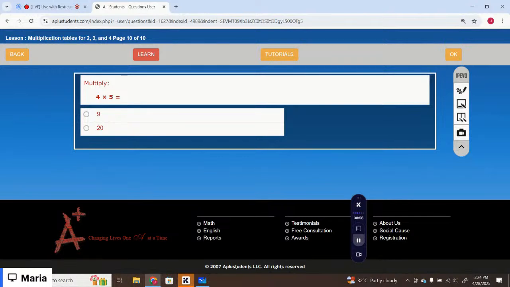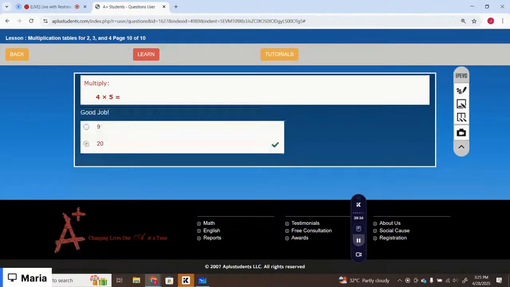Four times five, which is the correct option. Four times five is 20.